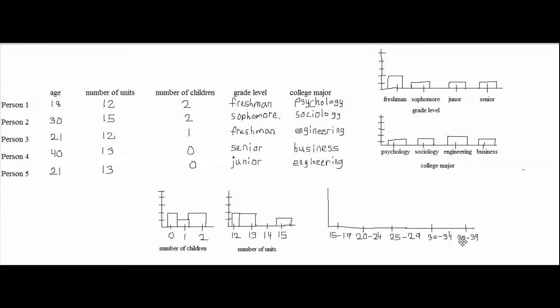So we need one more class interval, which will be 40 to 44. And we don't have any values that are above that interval, so we can stop there. We don't have any numbers between 45 and 49.